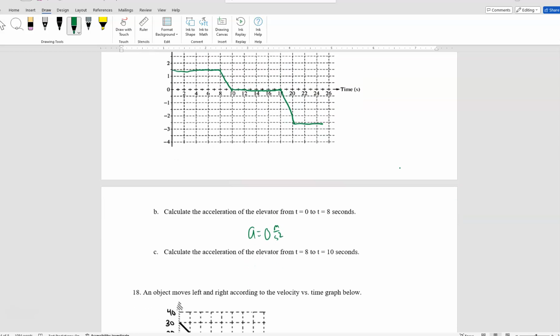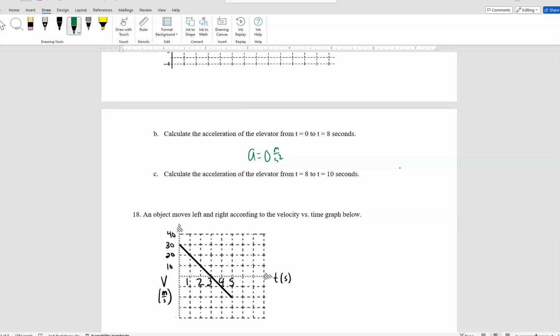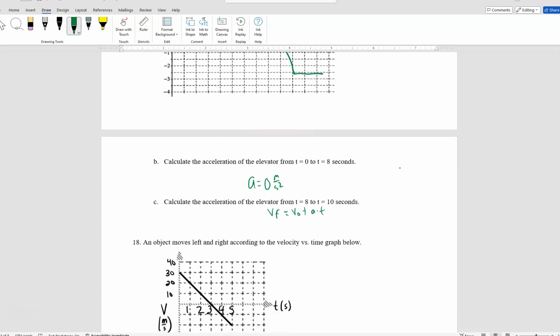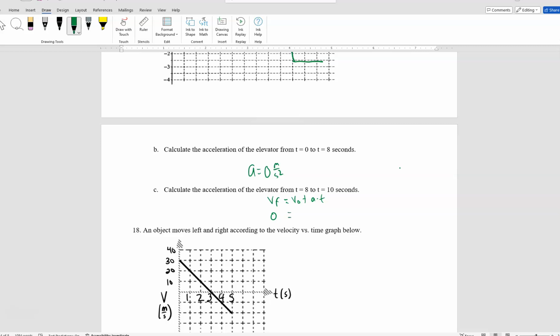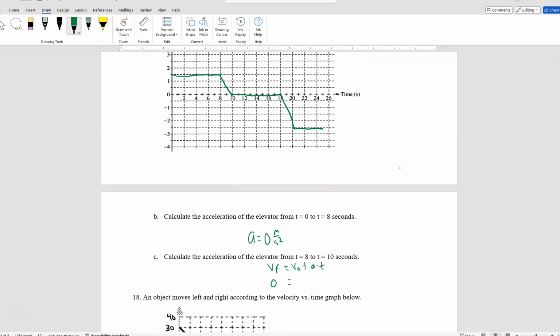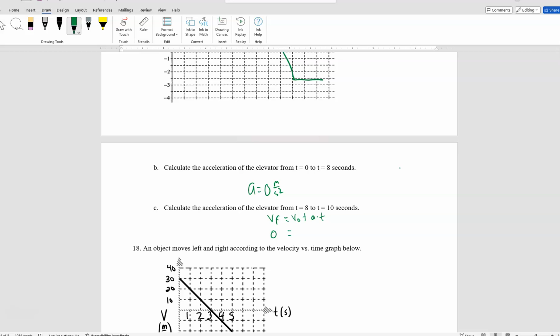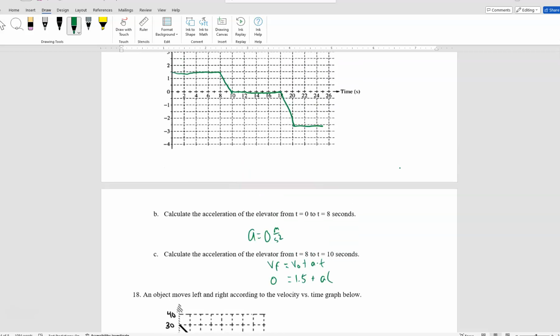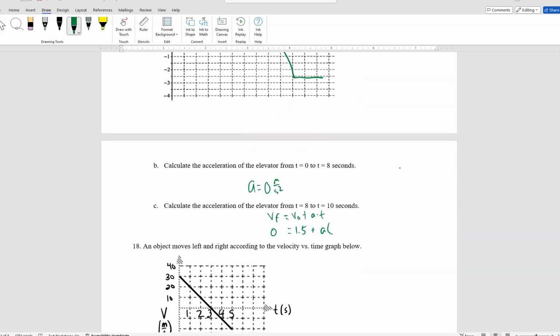Well, let's see. We could use this formula, V equals Vo plus A times t. And we know that the final velocity is 0. We know the initial velocity at t equals 8 to be 1.5. We don't know the acceleration, and the time that it takes there looks to be about 2 seconds.